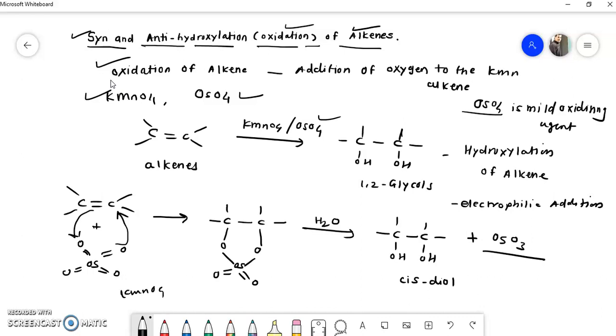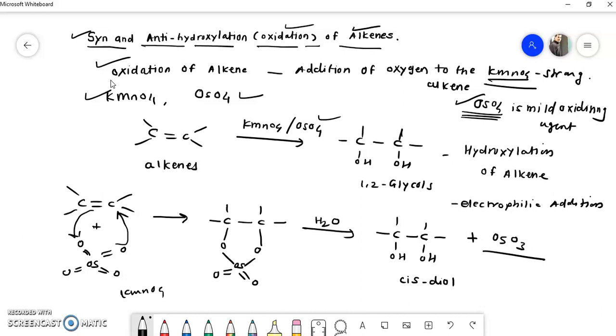KMnO4 is very strong, so generally it is avoided because the oxidation does not stop at this level. Further, breaking of the carbon-carbon bond also takes place if we do not control the reaction when we use KMnO4. So instead of KMnO4, most of the time osmium tetroxide is used as the oxidizing agent in such a reaction.